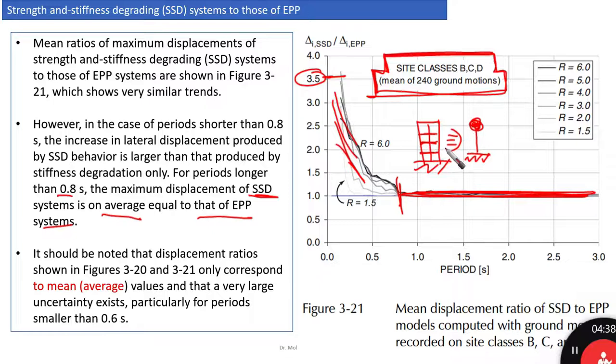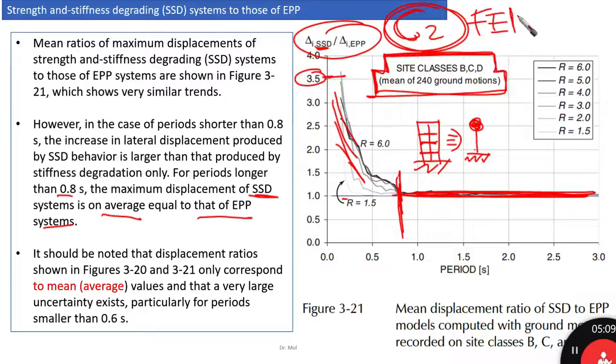If your system's period is higher than 0.8, then no problem, you can use the EPP, elastic perfectly plastic. But if it's less, then the maximum response needs to be obtained using the SSD rule. And this is the justification of C2, or how C2 is working in FEMA 356.